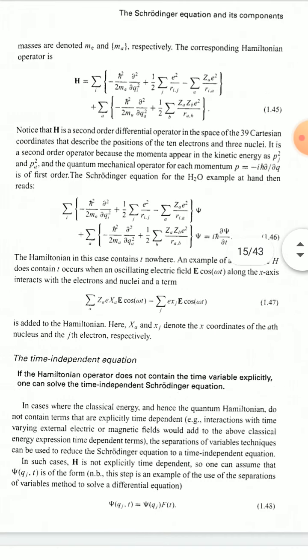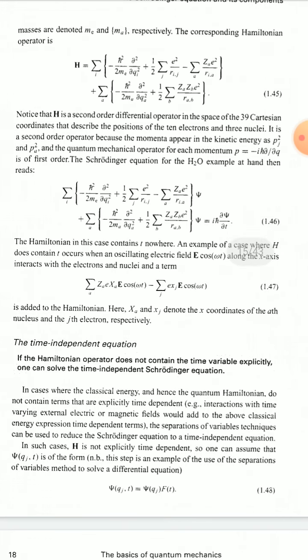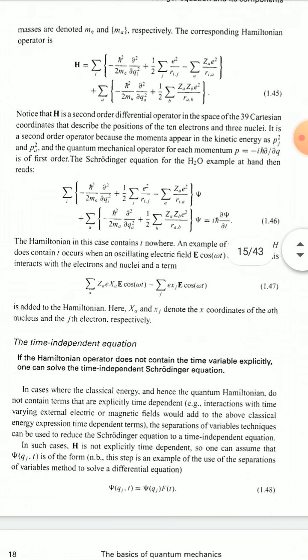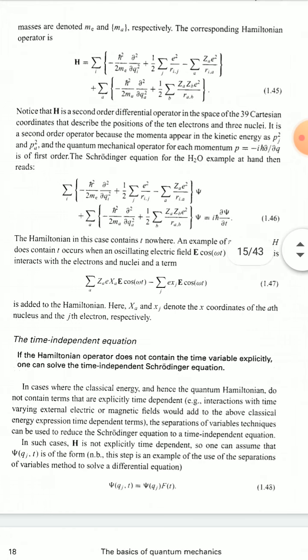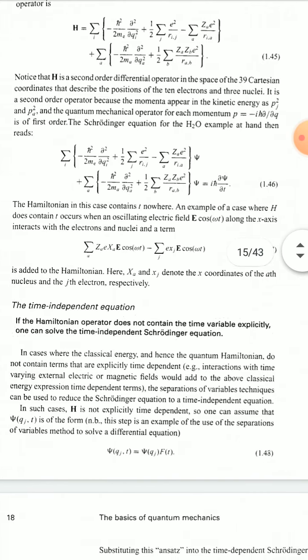Notice that H is a second order differential operator in the space of the 39 Cartesian coordinates that describe the positions of the 10 electrons and 3 nuclei. It is a second order operator because the momenta appear in the kinetic energy as pj squared and pa squared, and the quantum mechanical operator for each momentum p is minus i h bar del upon del q, which is first order.